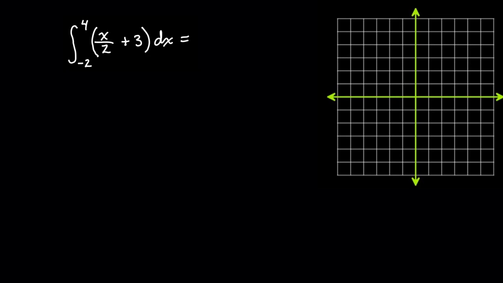All right, so let's actually work through some problems here. Starting with the first one, we have x over 2 plus 3. Let's take a look at it graphically and find the area geometrically, and then we'll do the calculus part of this. So this would be a line with a y-intercept of 3 and a slope of 1/2.